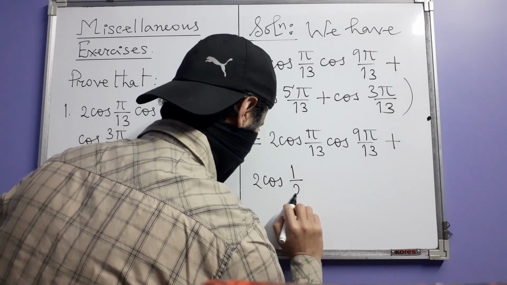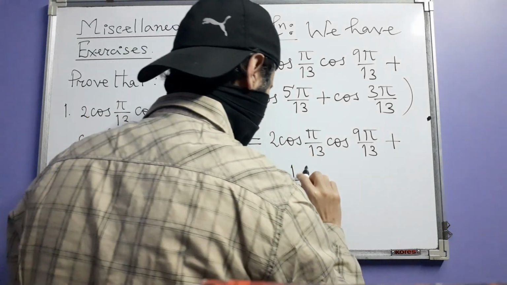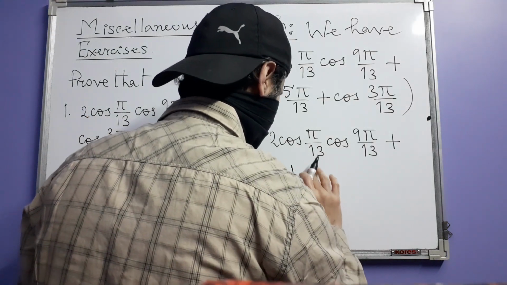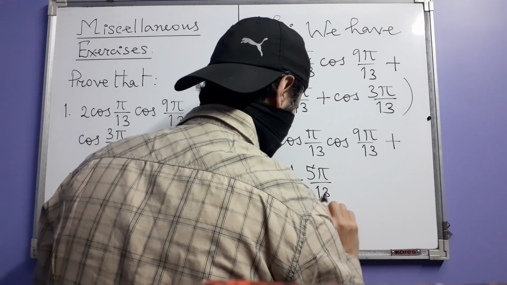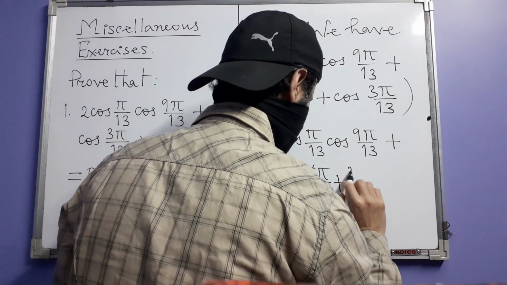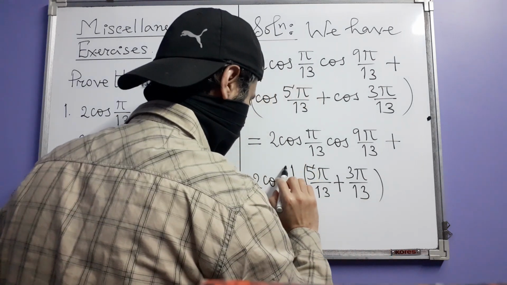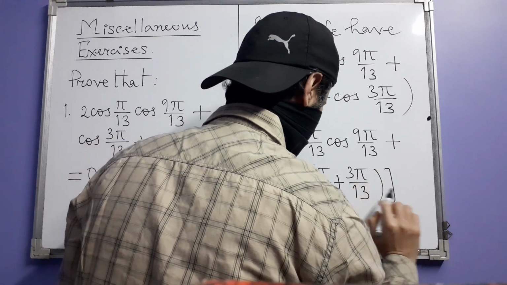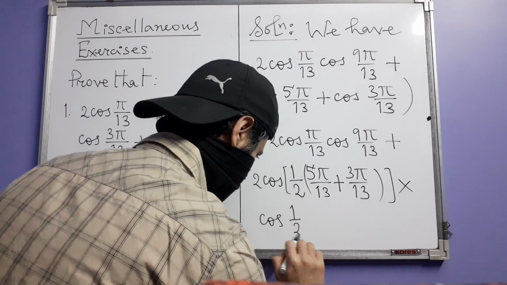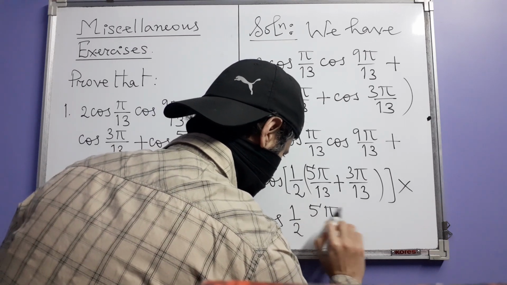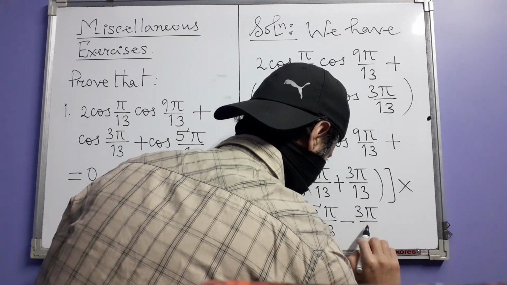That divided by 2 part we write first because we already have ratios here. 5 pi over 13 plus 3 pi over 13, times cos 1 over 2 of 5 pi over 13 minus 3 pi over 13.